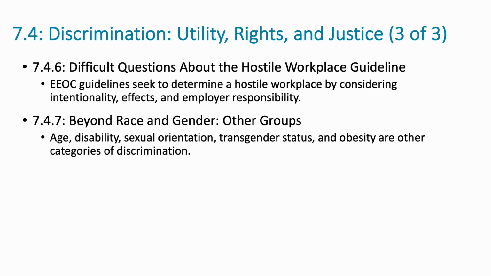There are no protections for obesity, although there are protections for sexual orientation and transgender based on Title VII. But those are very limited right now until we get some clarity with laws from Congress stating very specifically what is protected. But age and disability are definitely protected.